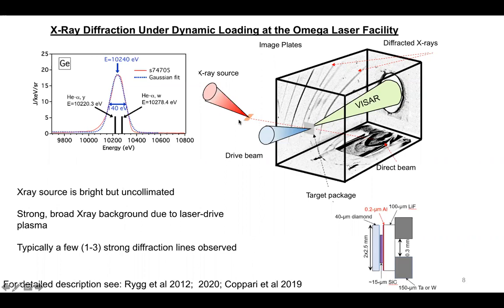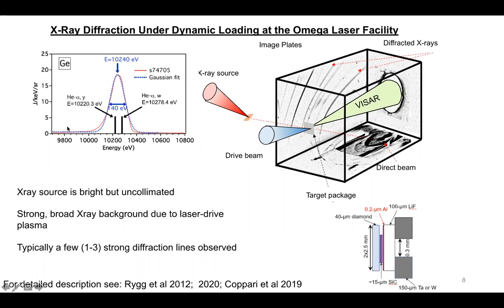And then other beams are used to generate a laser plasma X-ray source by very high irradiance of a metal foil, which produces an X-ray spectrum dominated by the helium alpha line.